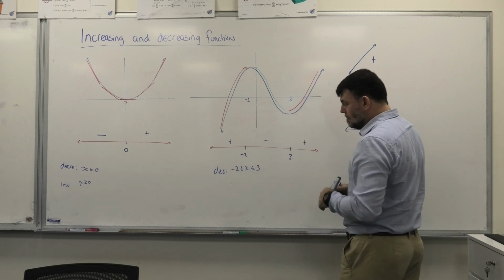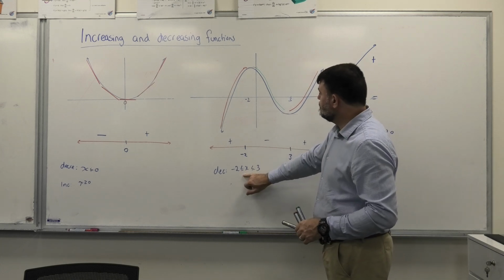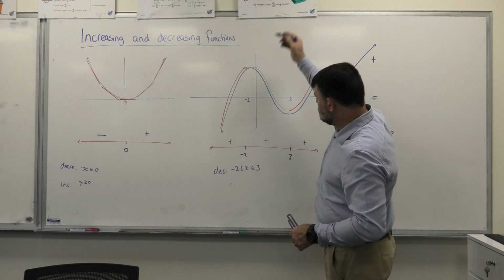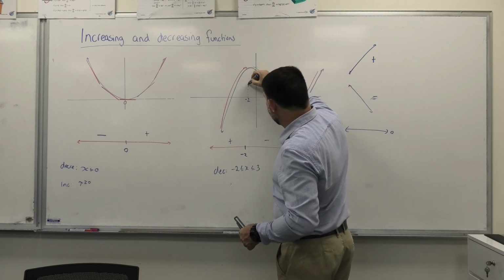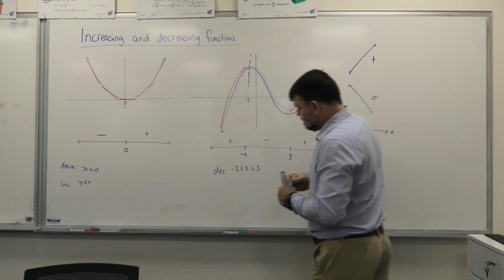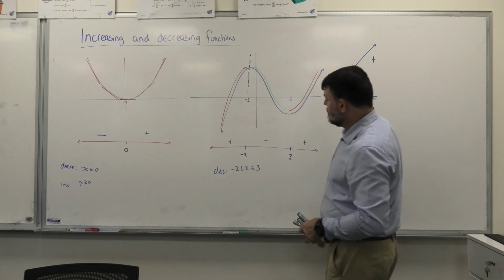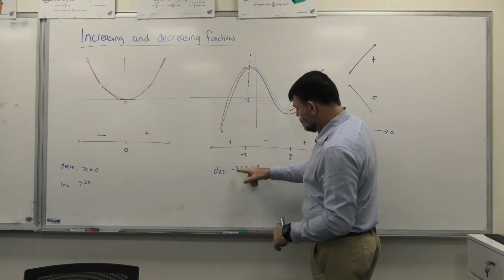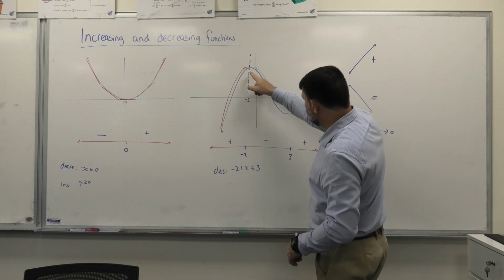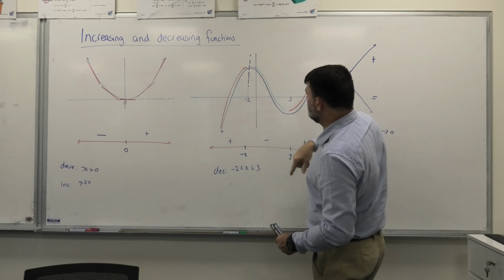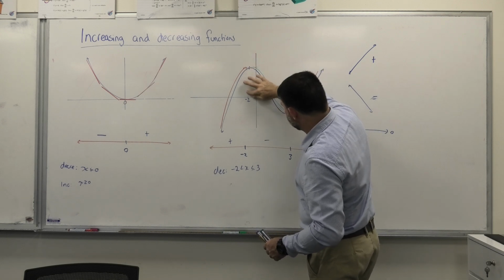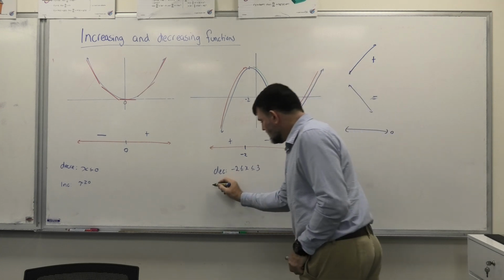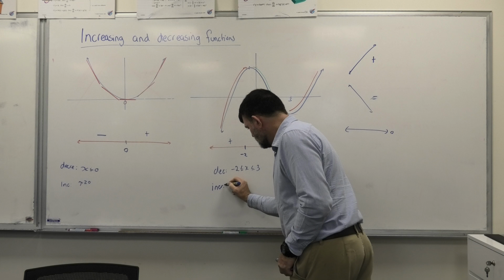The only time that this wouldn't be less than or equal to would be if we have a discontinuous graph, or if we have an asymptote, where in this case it wouldn't be touching -2, it would just be less than. But in this case here, we don't have that asymptote, so we can leave it as less than or equal to.